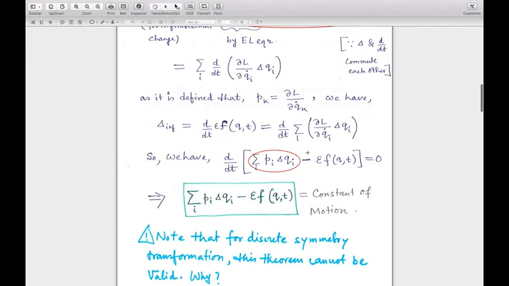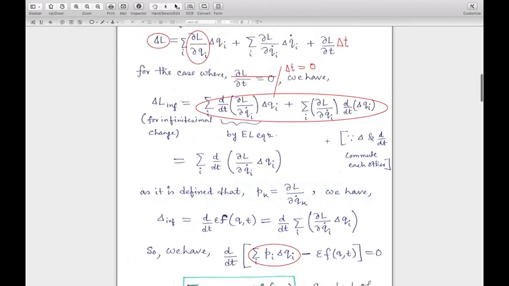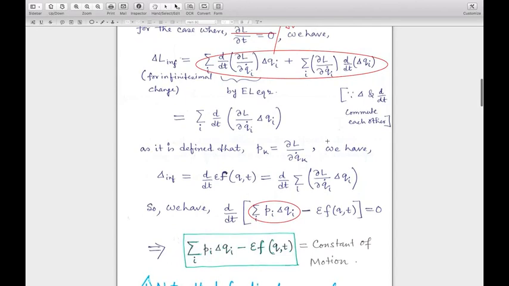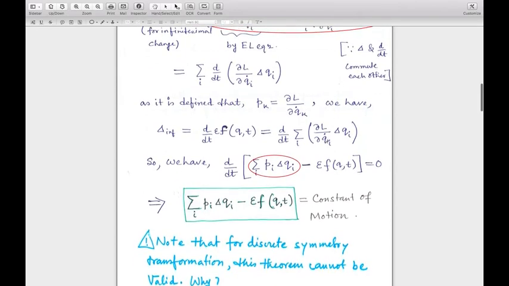Now for those cases you can say that this is an arbitrary change, and if the arbitrary change gives a symmetric transformation of the Lagrangian, then our purpose is served. This is only possible when this arbitrary change is equal to d/dt of epsilon f, where f is a function of q and t.